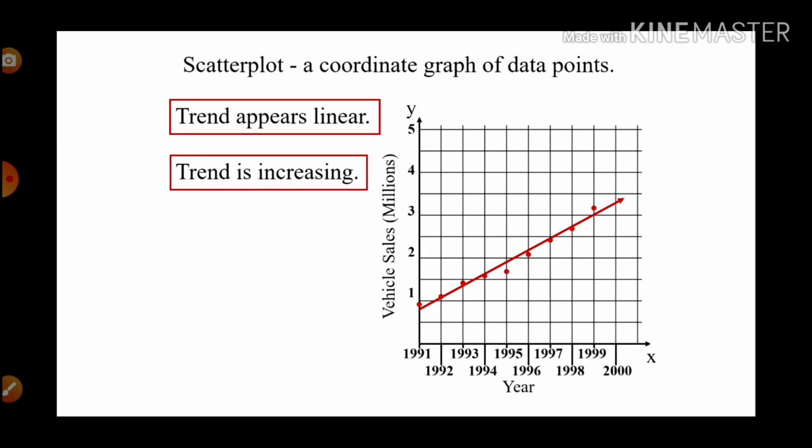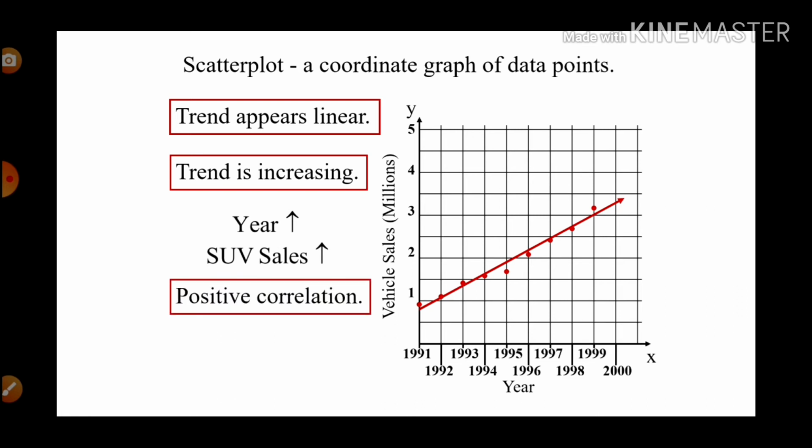Right, if it's increasing, you have to give me evidence. Why is it increasing? How do you know that? As the years increase, the sales increase as well. So both increased. Therefore, since those two are increasing, what sort of correlation is it? Yep, the sales and the years have positive correlation.